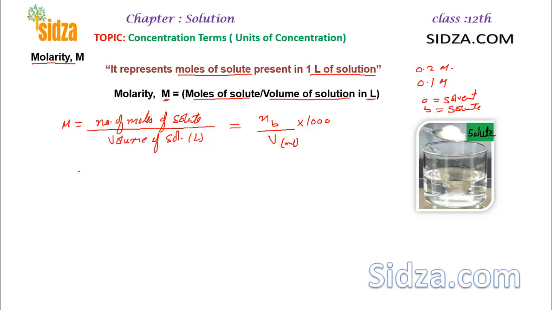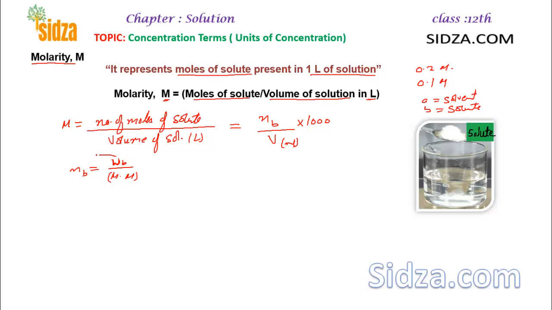We also know that the number of moles of any substance is equal to weight divided by molar mass. So the number of moles of solute, nB, can be written as the weight of solute, WB, divided by the molar mass of the solute.